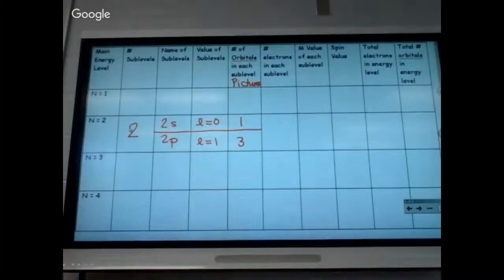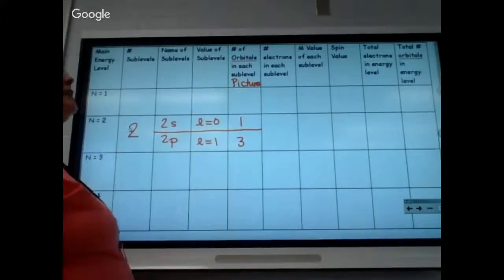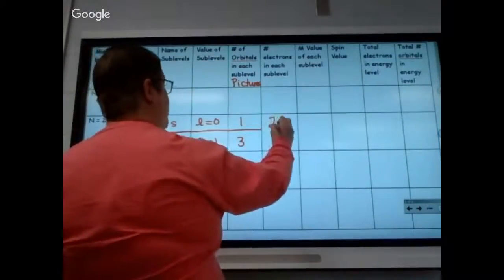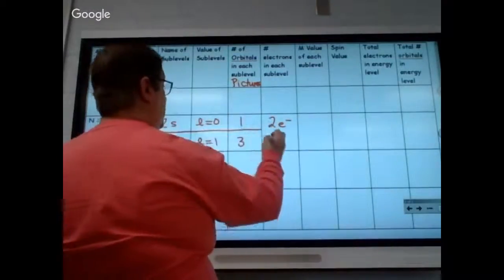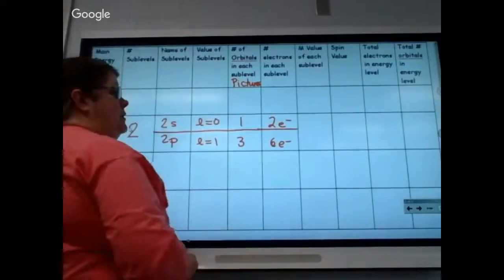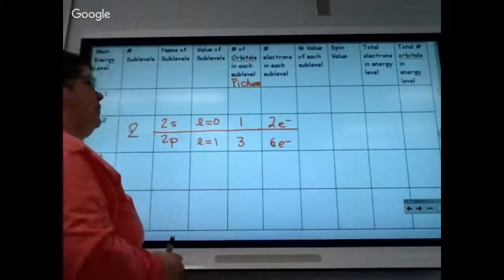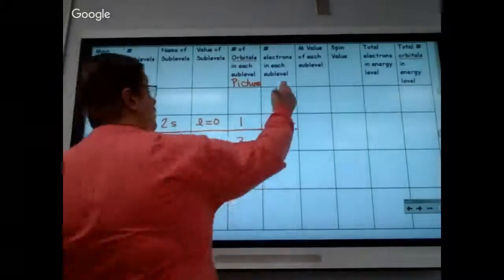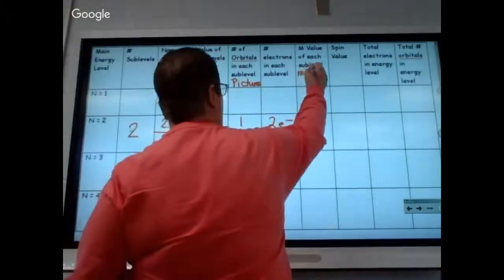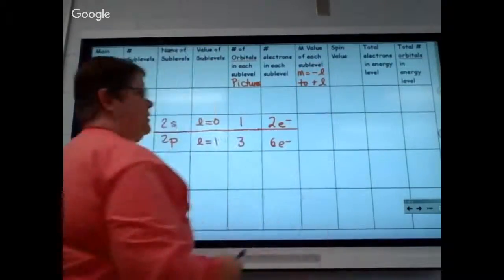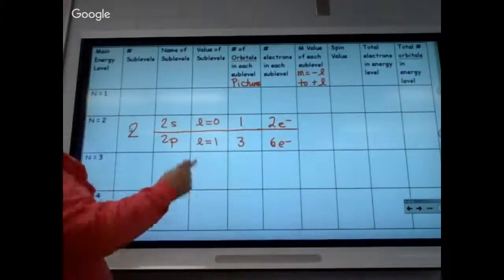So the s sublevel, how many electrons can I put in that sublevel? How many electrons can I put in the p sublevel? 6. All right. What's the m value of the s sublevel? This would be minus l to positive l. So what do I use?